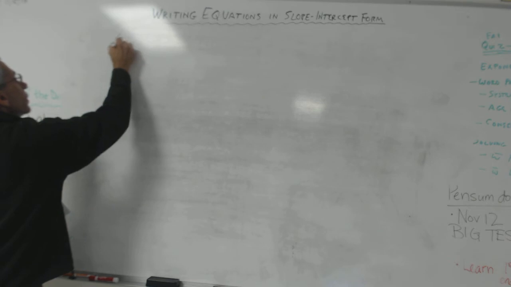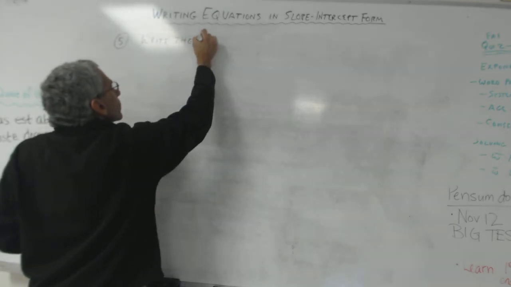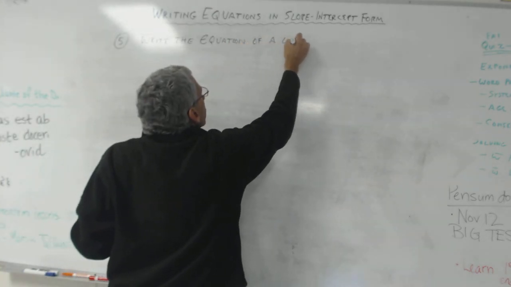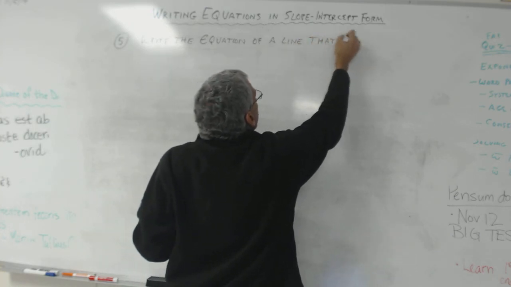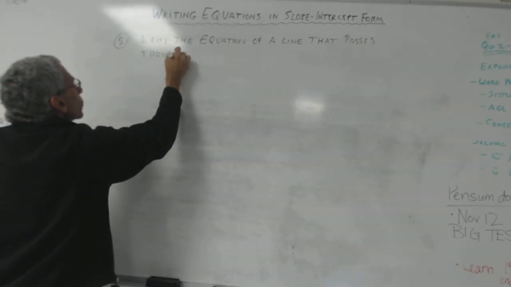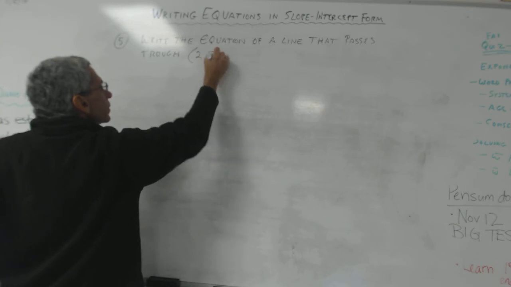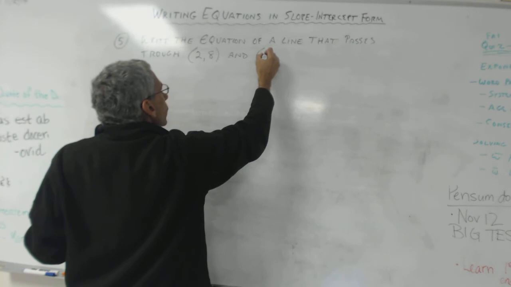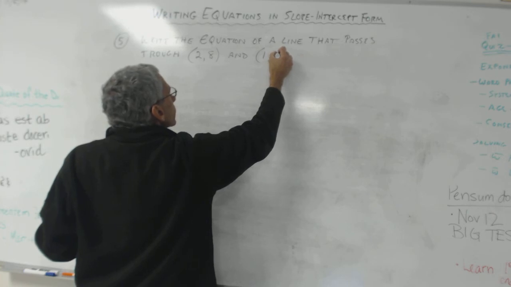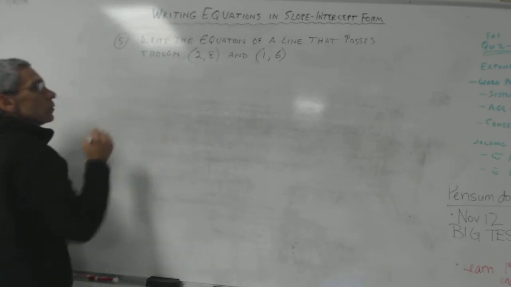Write the equation of a line that passes through, let me think, (2, 8) and (1, 6). Let's try that.